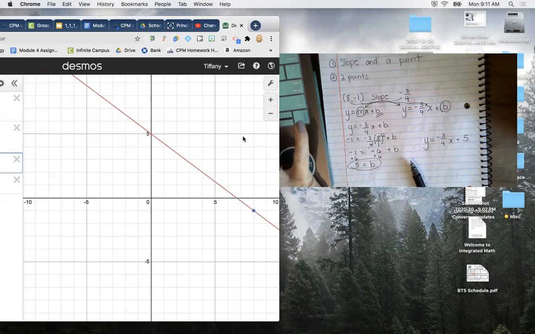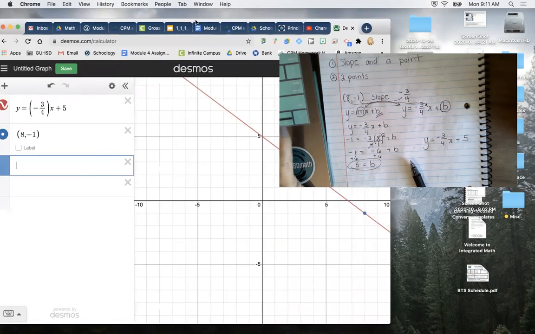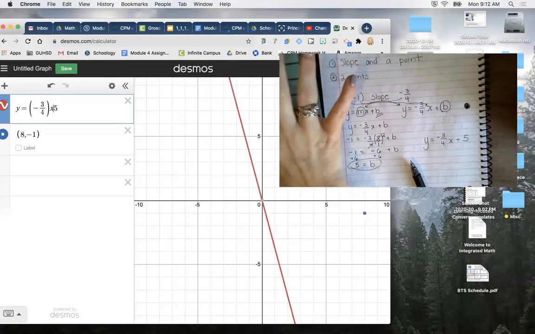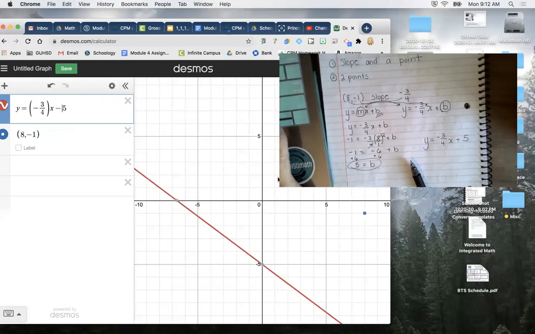Now, let's say that when I solved, I got -5 instead, like I did something wrong in my math. It would not go through that point (8, -1) that I was originally given. So then I would know, oh, that didn't work. Again, Desmos is really important to have open in the background.